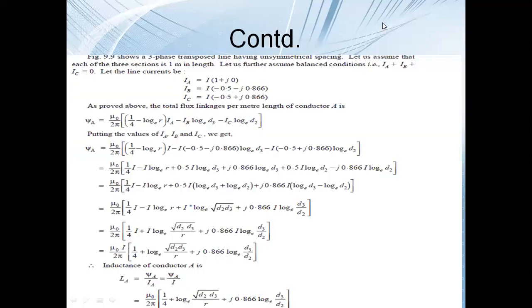So till last class, we have discussed the phenomenon that is transposition. That was basically for the unsymmetrically placed line. When the distance between the different phases is different, we found that the inductance of the individual phases becomes unbalanced. Due to that, the voltage drop across the different phases becomes unbalanced.